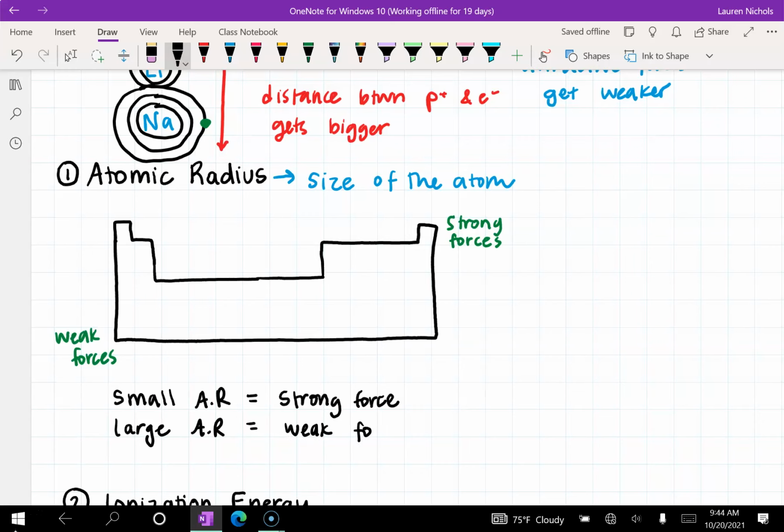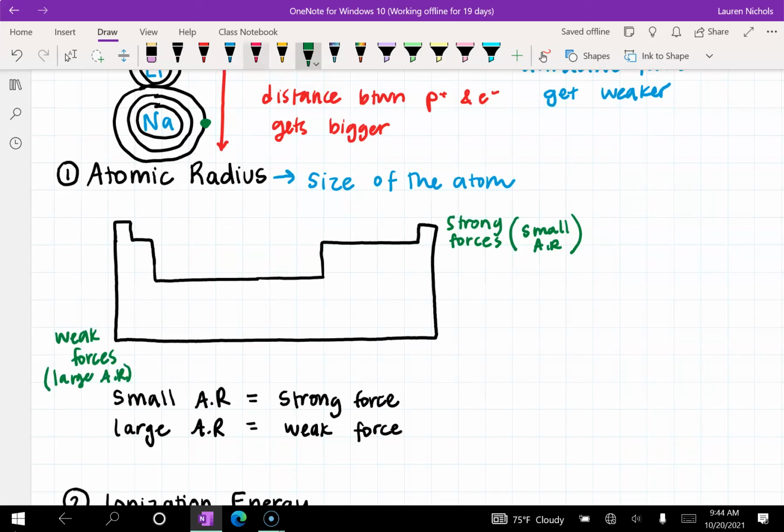You're not pulling on the belt very tightly or at all, and so it allows it to expand. So strong forces mean a small atomic radius, and weak forces mean a large atomic radius.